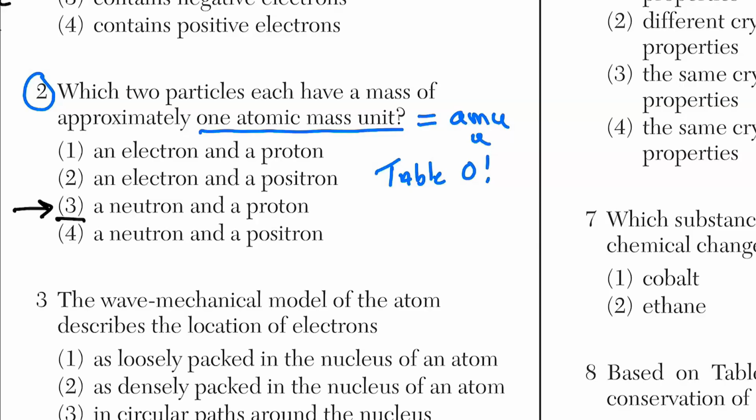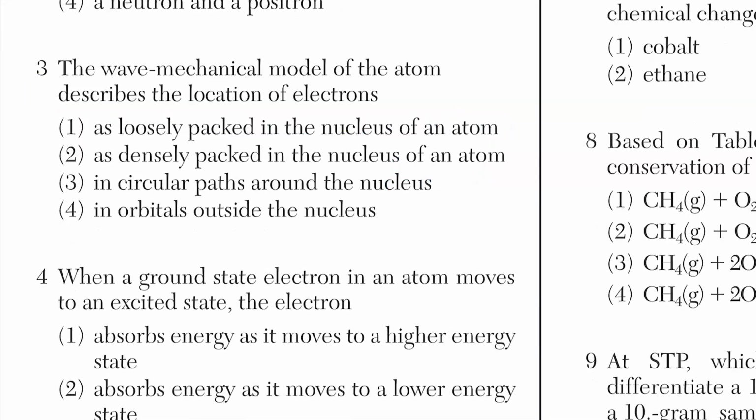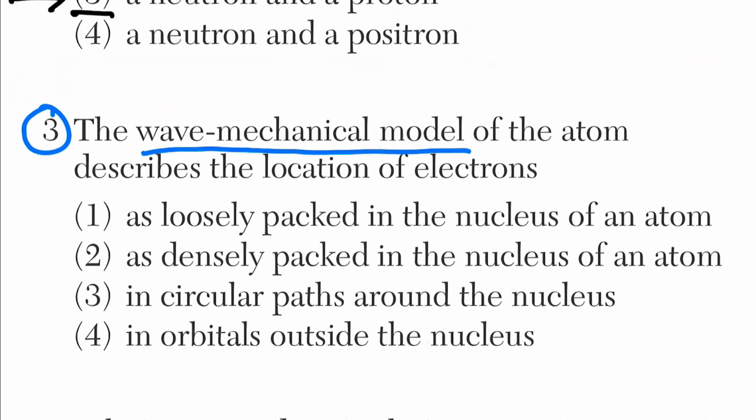Moving on to number 3. So number 3 states the wave mechanical model of the atom describes the location of electrons. The wave mechanical model is the current model of the atom. It's what we're currently using. So it's really important that you understand how the model of the atom developed over time.